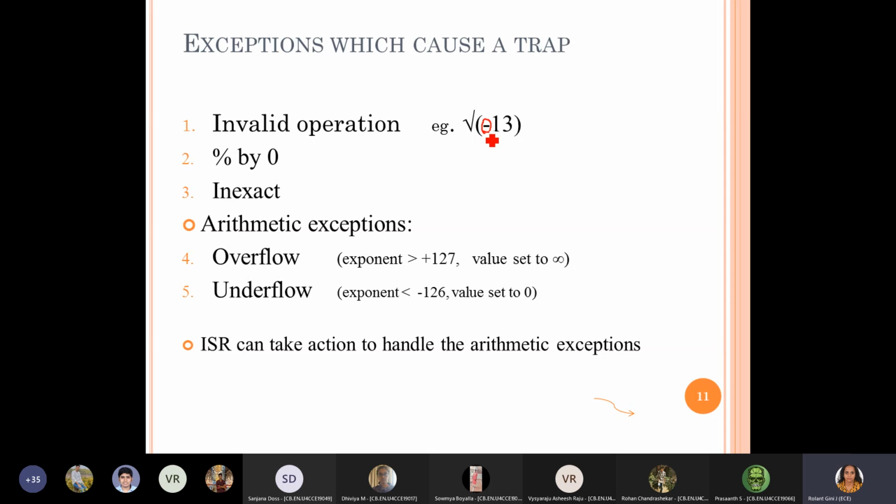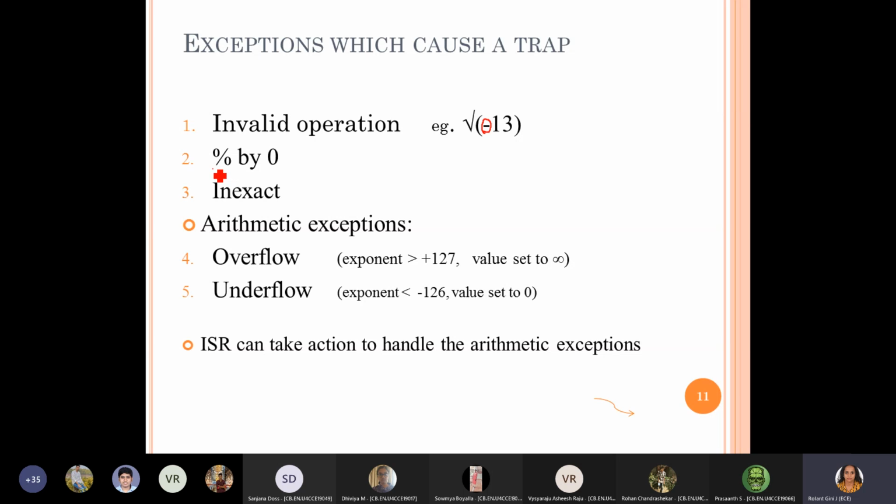Separate the sign bit, separate the magnitude, process it, and then finally give the result. So that mechanism should be there, or at least an information saying that this cannot be carried out when the user gives the input. That should be there, right?